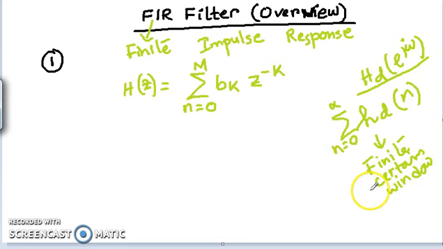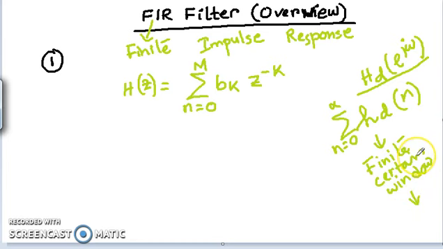And if there is an error, we try to minimize the least mean square error. What we can change is only the window function.